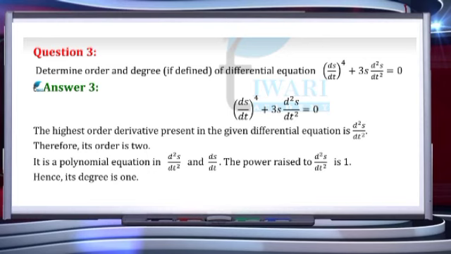So the order of this differential equation is 2 and degree is 1. Although ds over dt has the power 4, it is not the highest order, so we won't look at its degree. We always look for the degree of that order which is the highest in the given equation.